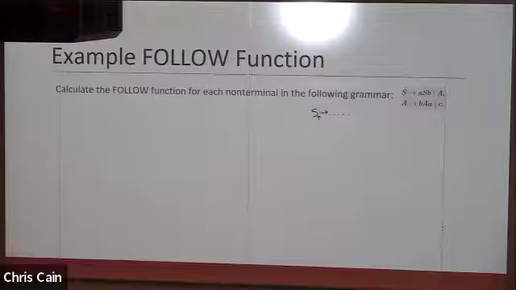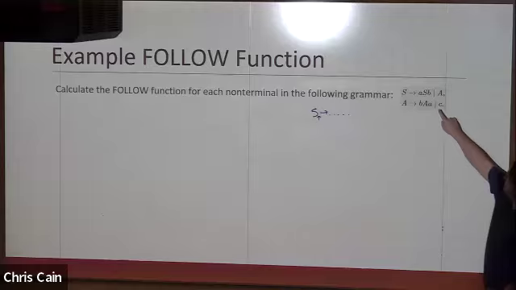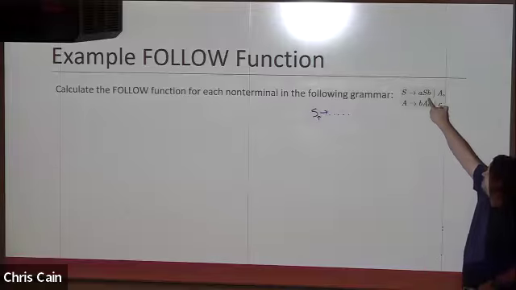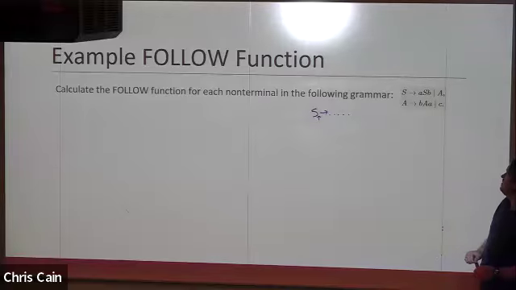By definition, our start non-terminal must be followed, at least potentially, by the end of string. What else could follow S? Yeah. Here on the right-hand side, we expand S to be whatever it does, and whatever follows that is potentially B.